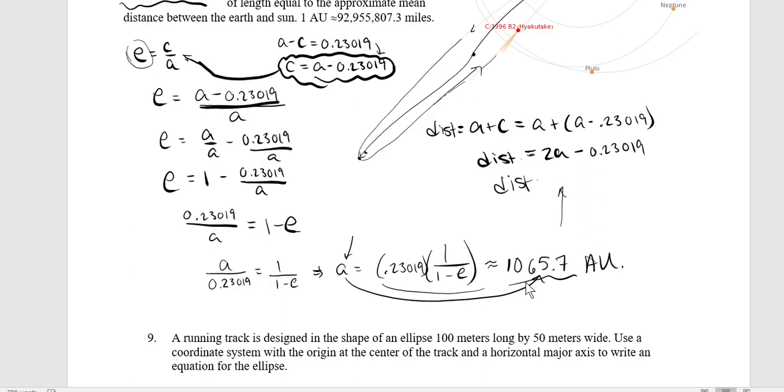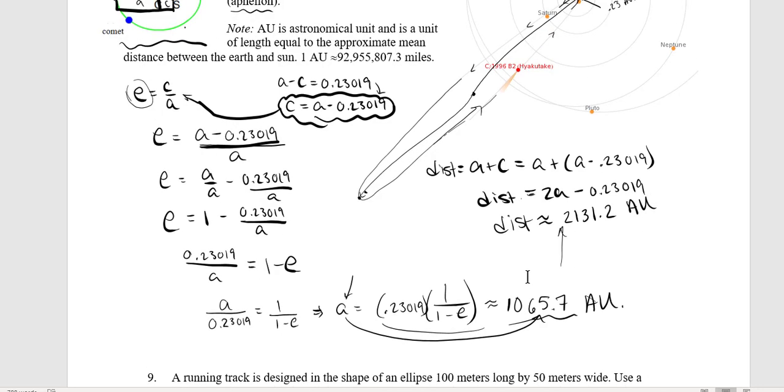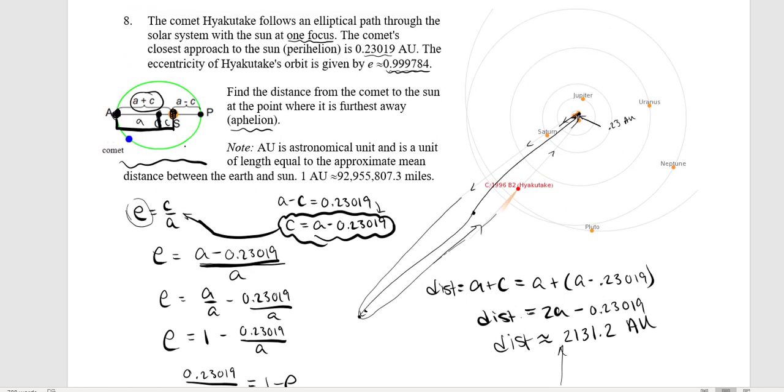The distance approximately equals, let me compute this, 2 times 1065.7 minus 0.23019 equals, I get this distance, 2131, roughly 0.2 astronomical units. So if an astronomical unit is roughly the distance between the Earth and the Sun, we're saying this comet extends out well over 2,000 times that far from the Sun before swinging back.